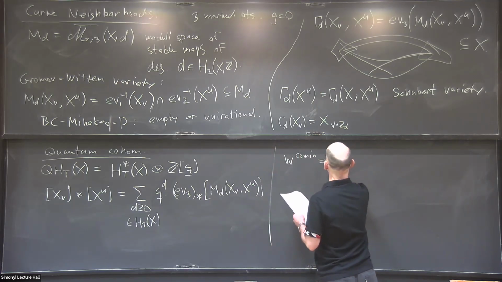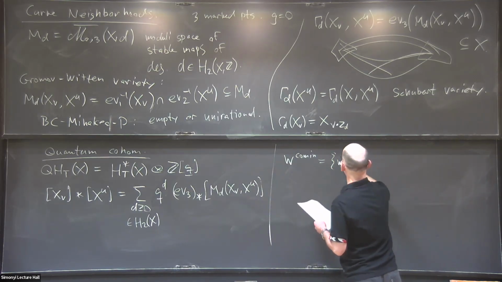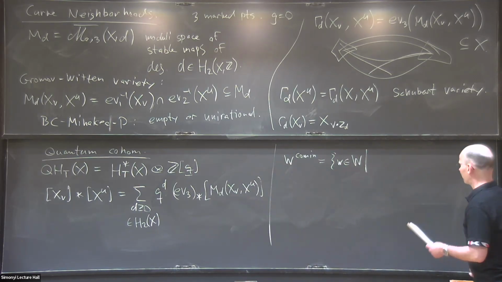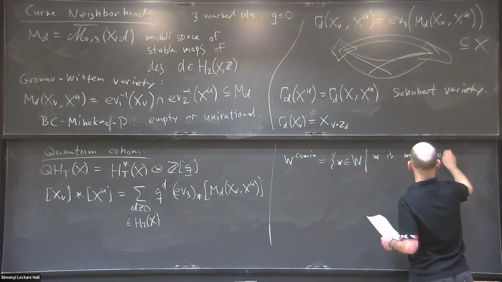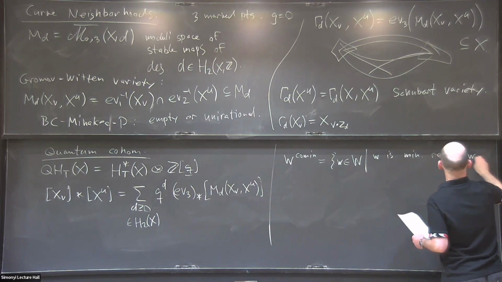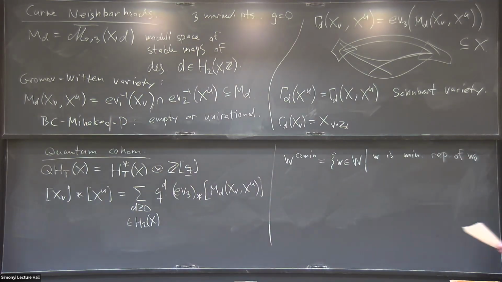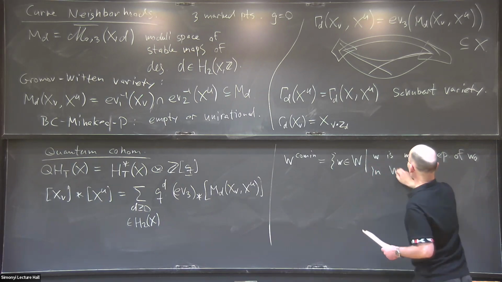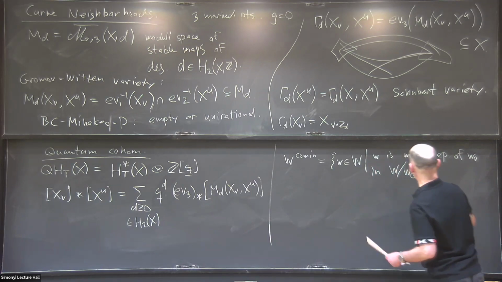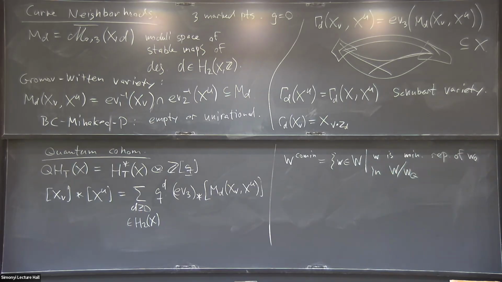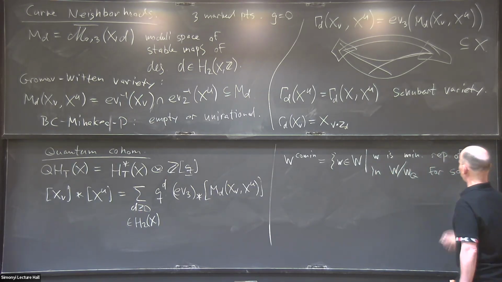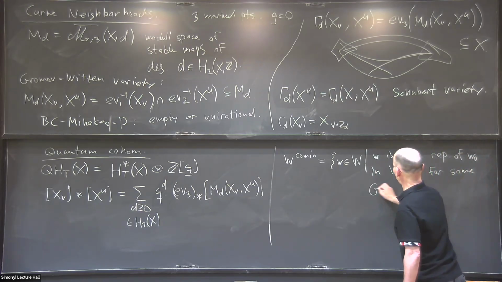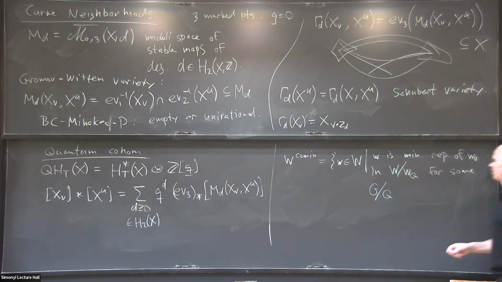So this thing is the set of Weil group elements for which W is the minimal representative of W naught in the Weil group modulo the Weil group of some parabolic subgroup Q, for some parabolic subgroup Q, so that G mod Q is a cominuscule flag variety.